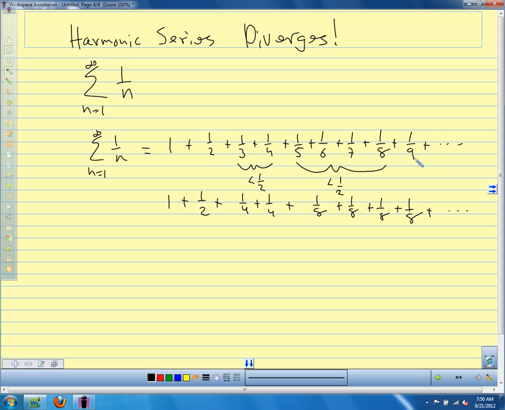And I can group from 1/9 to 1/16, and that would be greater than 1/2, and I could keep going that way. So this series, the summation of n equals 1 to infinity of 1 over n, is greater than 1 plus 1/2 plus 1/2 plus 1/2 plus dot dot dot.